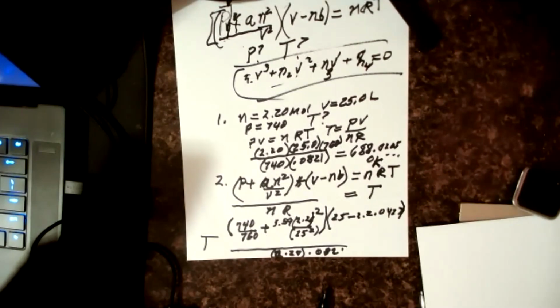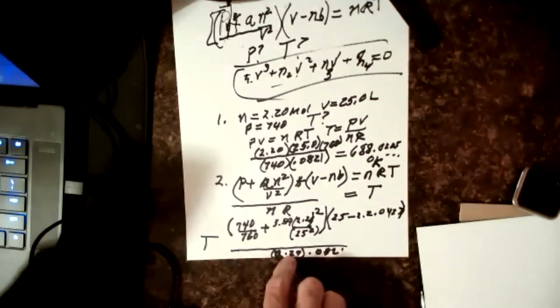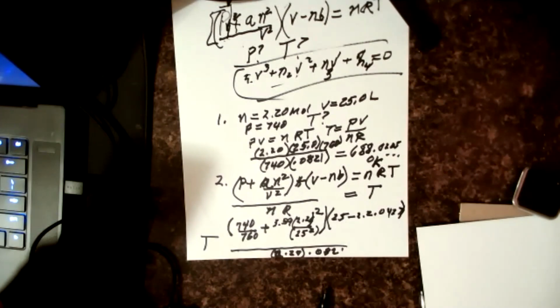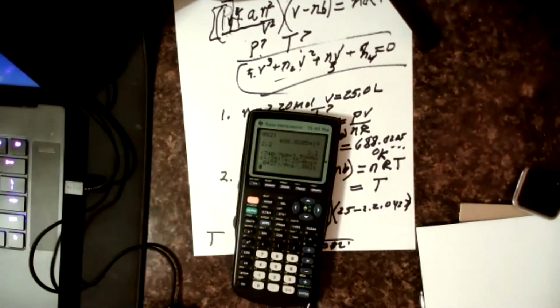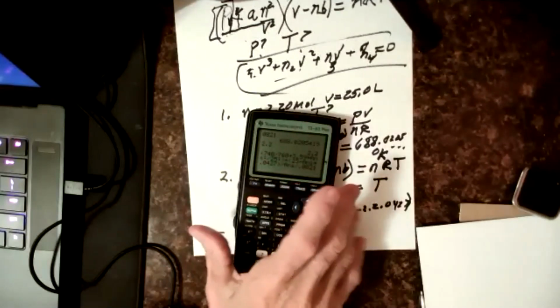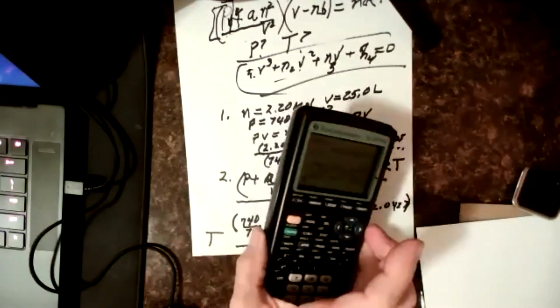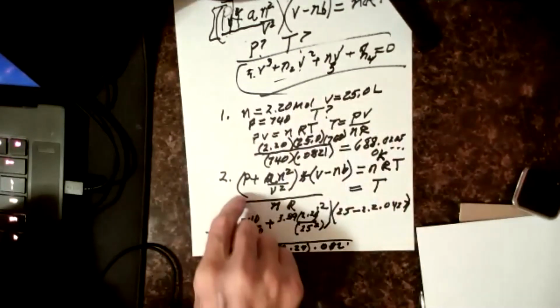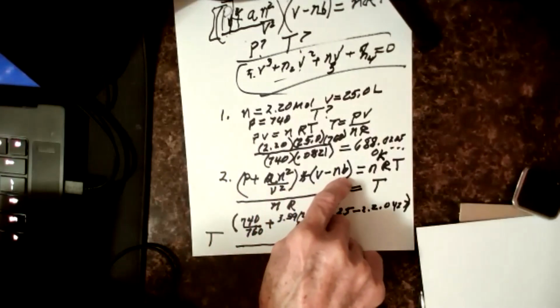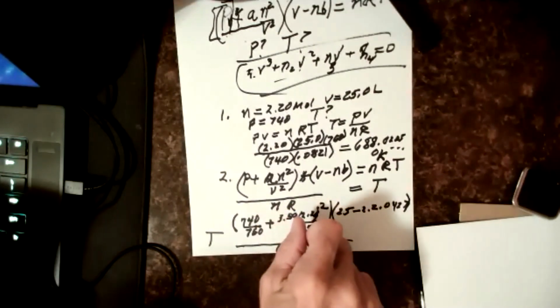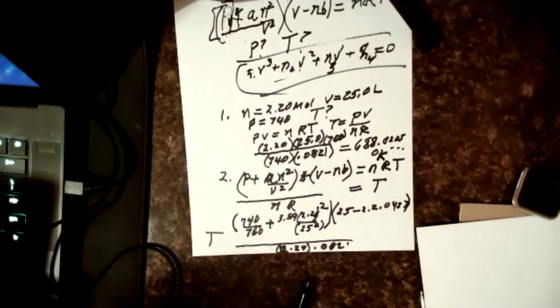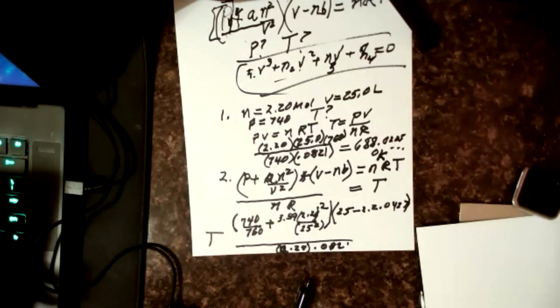Now I'm going to divide that by N, that's second answer, and divide that by 0.0821. Now, if I haven't screwed up, my calculator has all of that stuff in it. I didn't have to write anything down. I just copied that exact equation into my calculator. If I didn't do some silly calculation wrong, I push equal, I should get the answer to this.